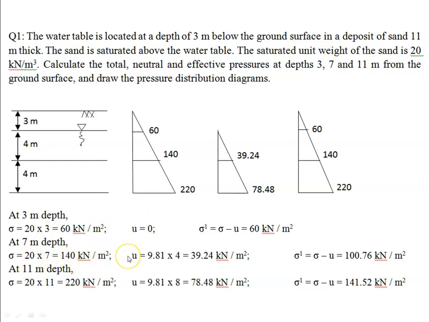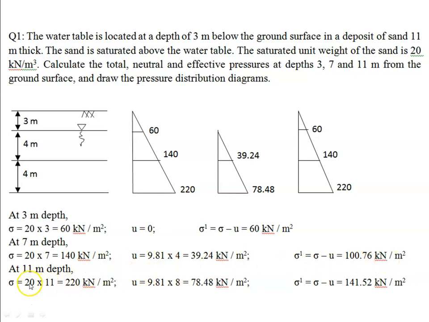Then pore water pressure at this level: what is the pore water pressure? What is the weight of water? Unit weight of water multiplied by depth of water. Unit weight of water is 9.81 and depth of water is 4 meter. So we can calculate the pore water pressure. Then by taking the difference between total stress and pore water pressure, we can calculate the effective stress.